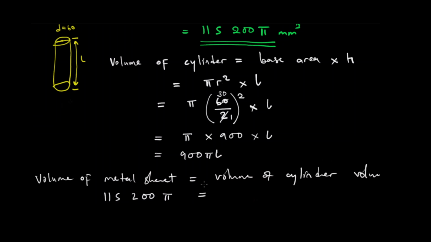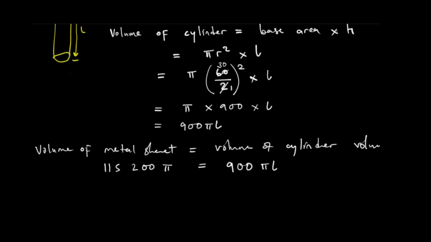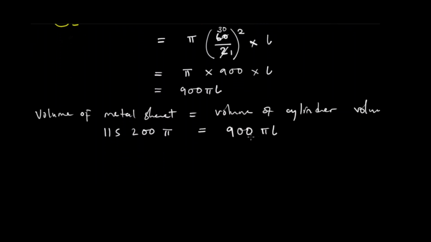This is equal to the volume of the cylinder that we calculated as 900 pi L. Like that. Since we are looking for this L, we can just divide by 900 pi. The benefit is that pi cancels pi, and the zeros cancel as well.